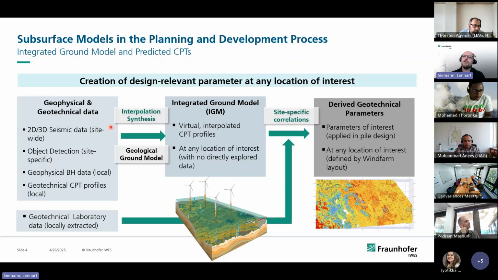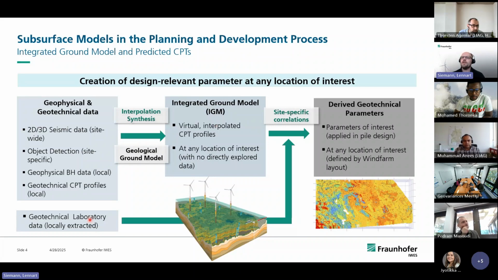And this data needs to be basically integrated in what we call nowadays an integrated ground model, which contains all sources of information. In this case, here particularly, we are focused on the creation of what we call interpolated or synthetic CPTs, which is basically a prediction of CPTs apart from actually investigated locations. But we come to that later.